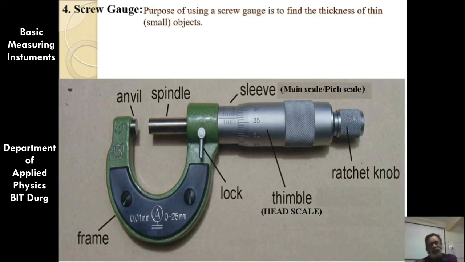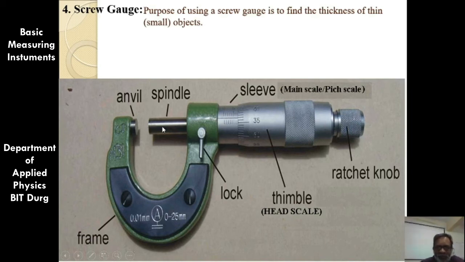The various parts of this screw gauge are shown here. This fixed stud is known as the anvil. Then this one is the spindle which rotates and moves. It rotates about its own axis, and it also moves linearly to reduce the linear separation between anvil and spindle.